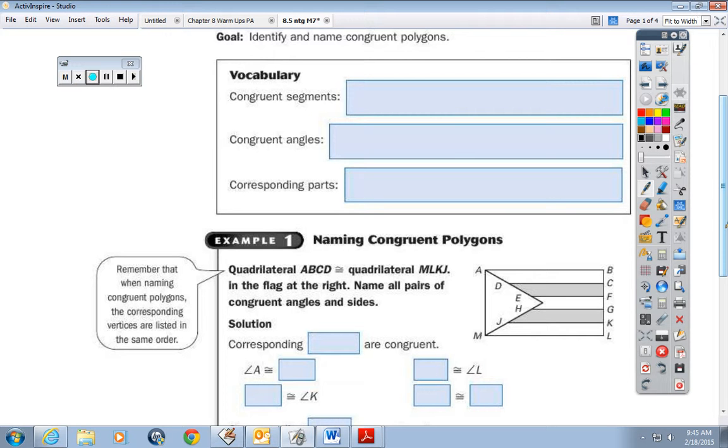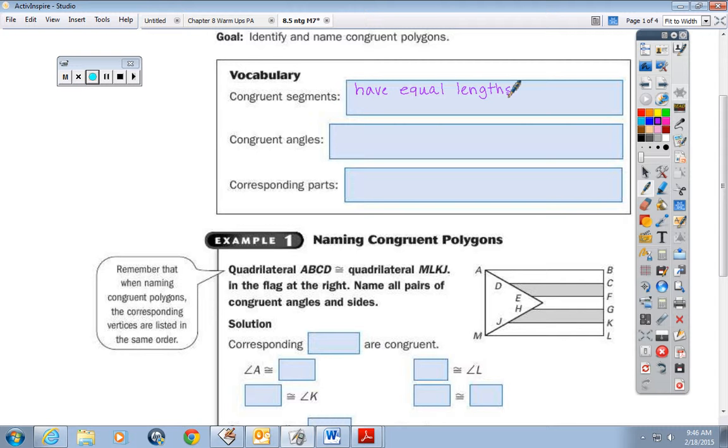So our first vocabulary word is congruent segments. Congruent segments have equal lengths. So congruent is another way of saying equal. When something is congruent, they are equal.